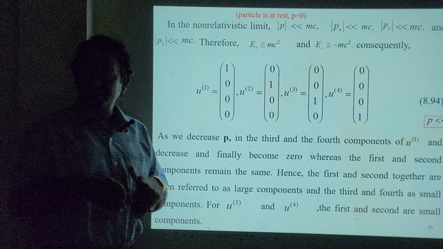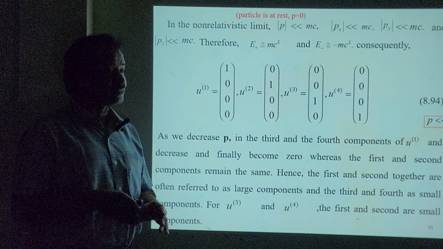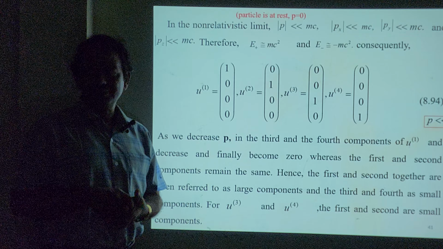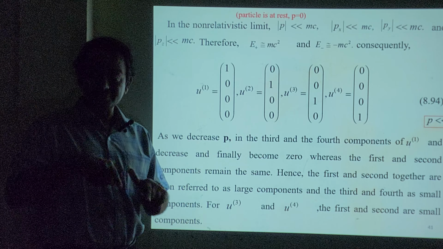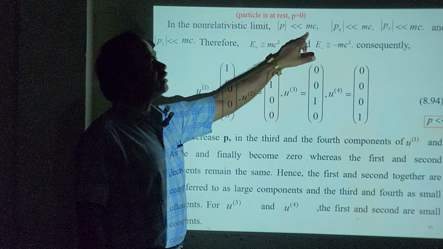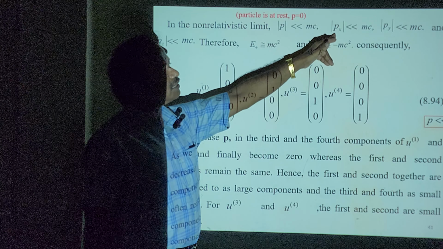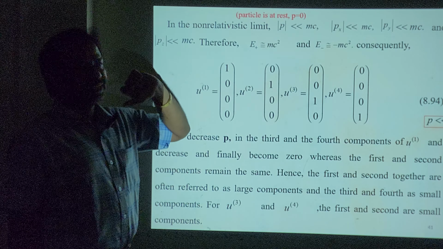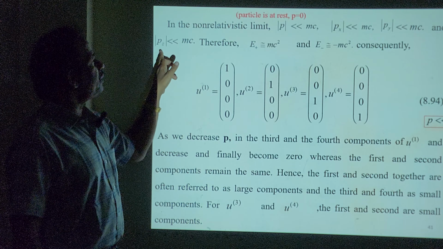Now, as we have done earlier, suppose the particle is at rest, for the non-relativistic case, P tends to 0. At that time P is very much less than MC. Similarly, if P is less than MC, we can say Px is very much less than MC, Py also and Pz also.